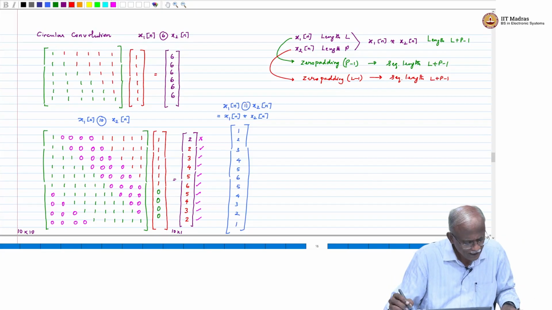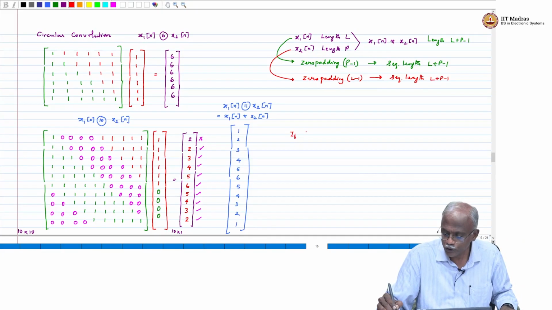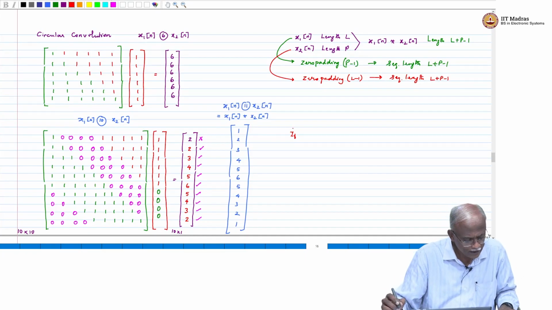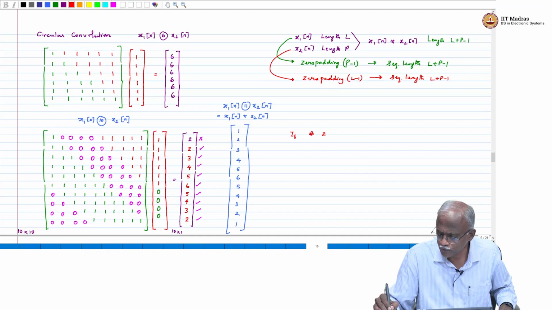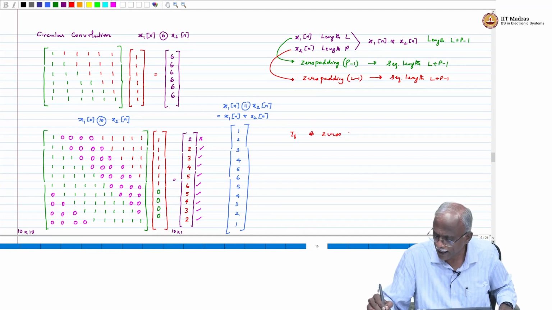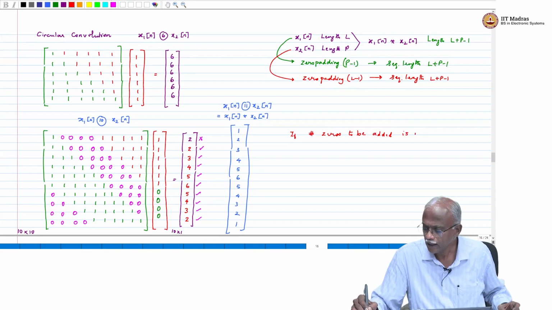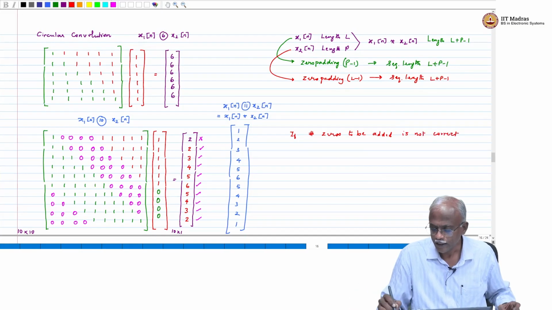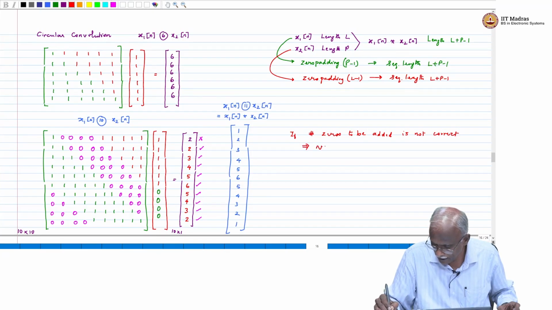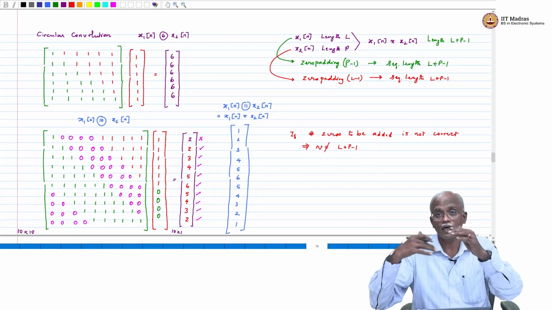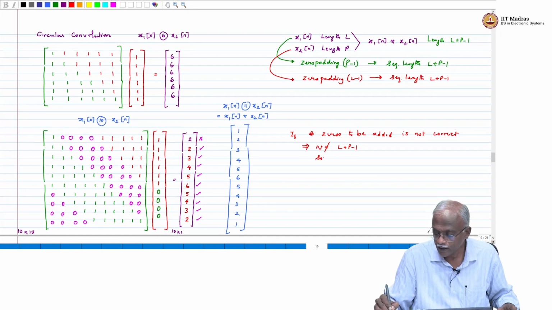So what we can say is, if the number of zeros to be added is not correct, that is, if n is not equal to L plus p minus 1, then there will be some samples in error.